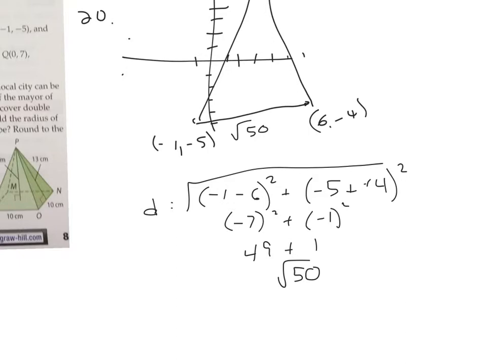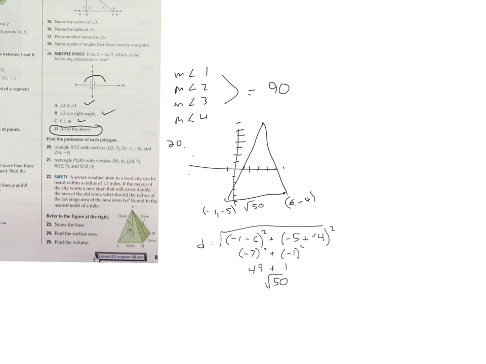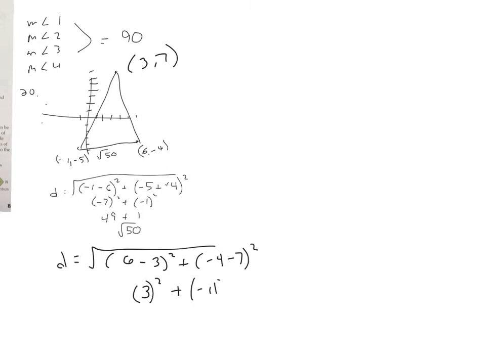Okay? Let's go ahead and find the distance now between (6, -4) and the point, what was the other point? (3, 7). So, again, we're going to use the same concept here. Distance formula. Distance equals the square root of (6 minus 3) quantity squared plus (-4 minus 7) quantity squared. 6 minus 3 is 3, so I have 3 squared plus -4 minus 7 is -11 squared.